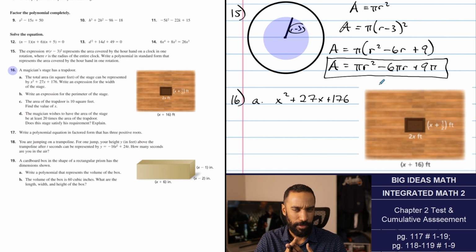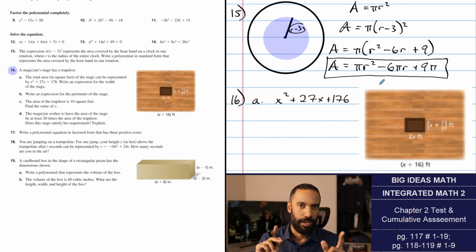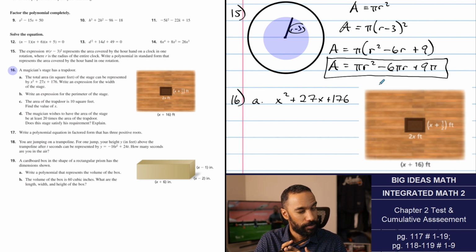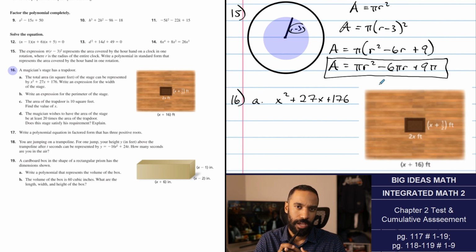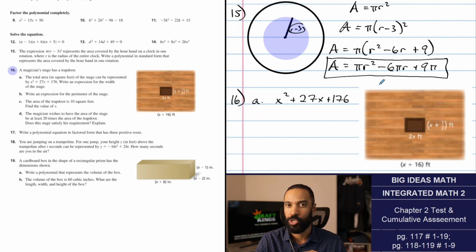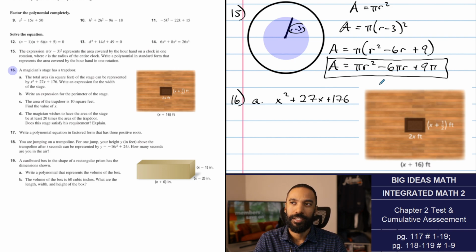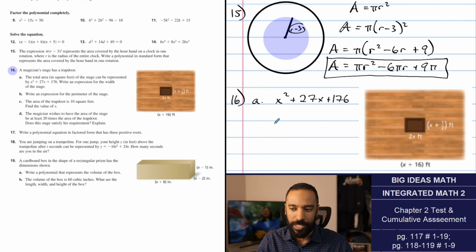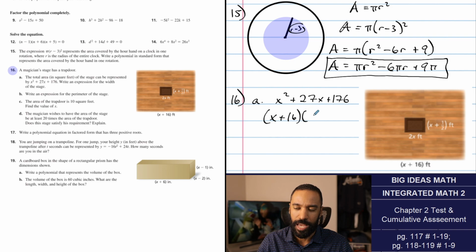If it divides by 4, you get 44. 4 plus 44 isn't 27. 5, no. 6, no. 7, no, because 175. 8, yes, 22. 8 plus 22 is 30, getting a lot closer. 9, no. 10, no. 11, yes. You divide by 11, you get 16, and 11 plus 16 is 27. So this factors into (x plus 16) times (x plus 11).